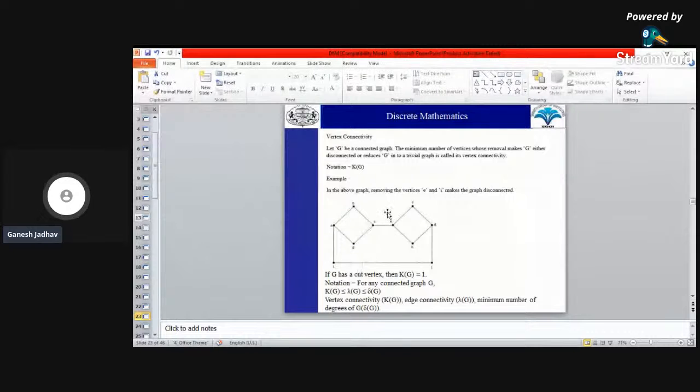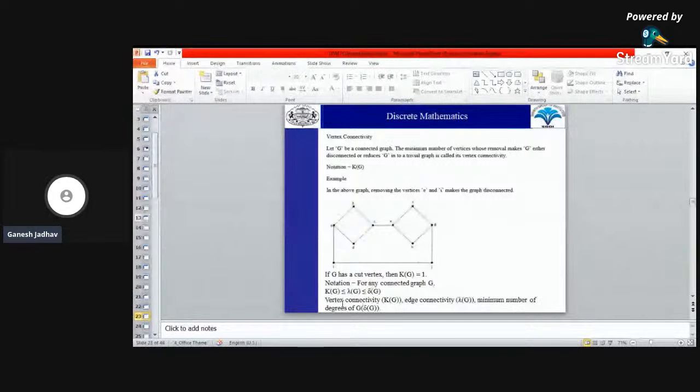If G has a cut vertex, then Kg is equal to 1. So this is 1 now. So the notation for any connected graph: the vertex connectivity is less than or equal to the edge connectivity, which is less than or equal to the minimum degree.